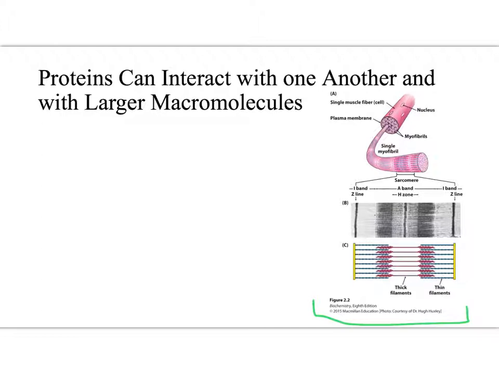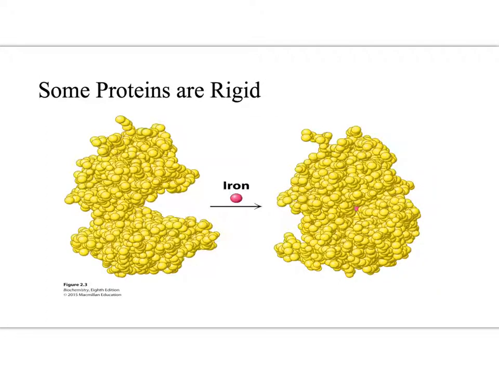Now, another example, which is not shown here, of these types of interactions would be the interaction of proteins that are involved in the DNA replication process. Some of the protein structures that we look at are going to be very rigid. Now, substances that will have very rigid structures are proteins that are going to serve as structural elements.